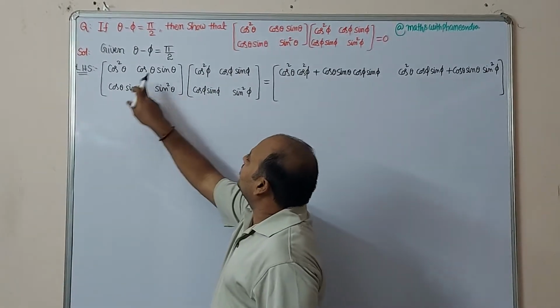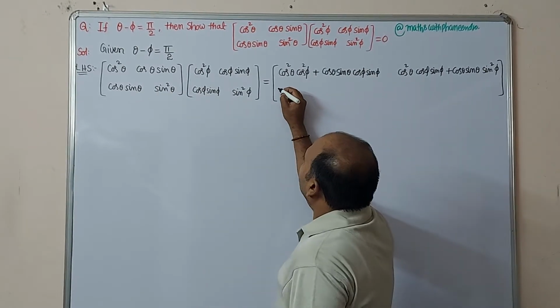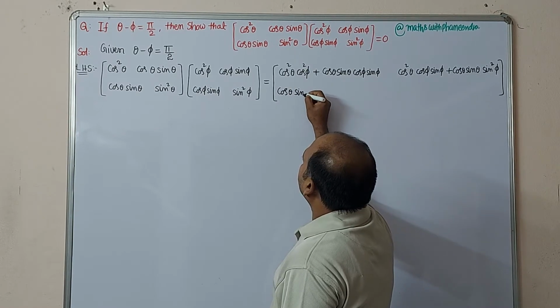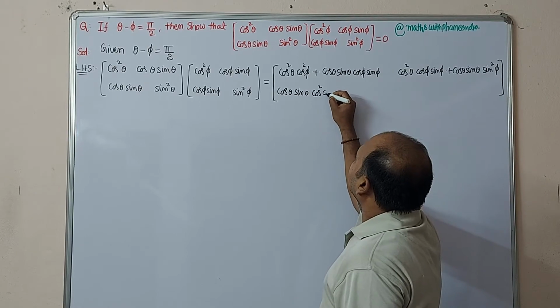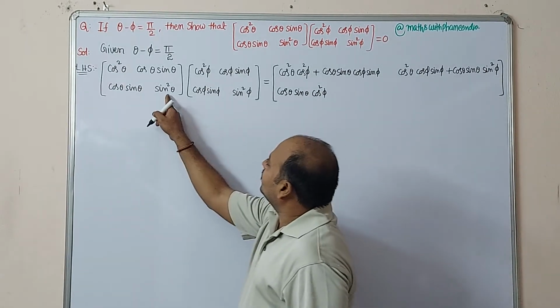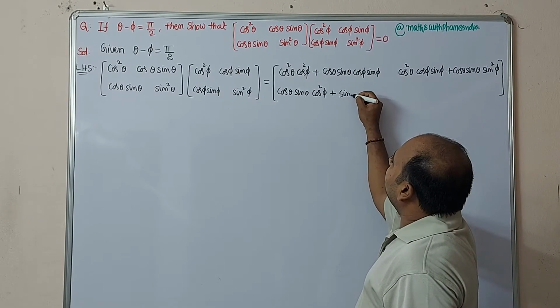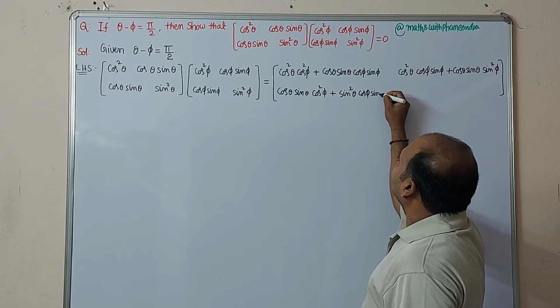Next, cos theta sin theta into cos square phi. These two we are multiplying. Cos theta sin theta into cos square phi. These two multiply, plus sin square theta into cos phi sin phi.